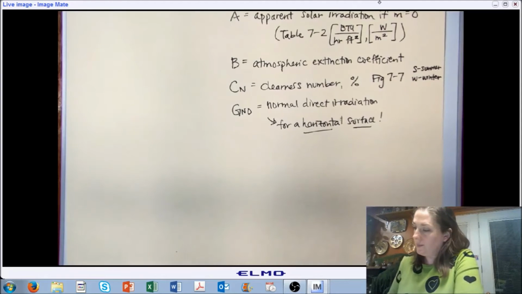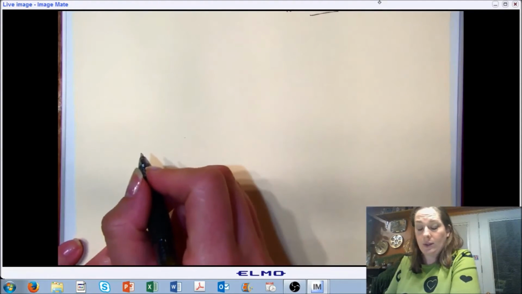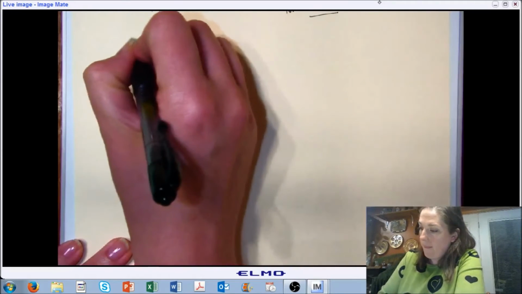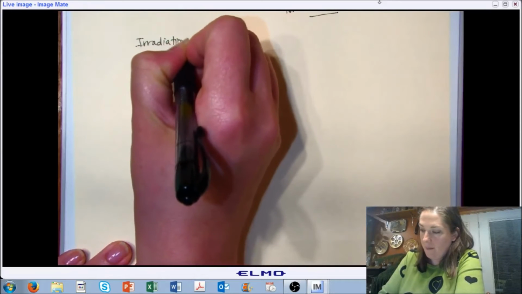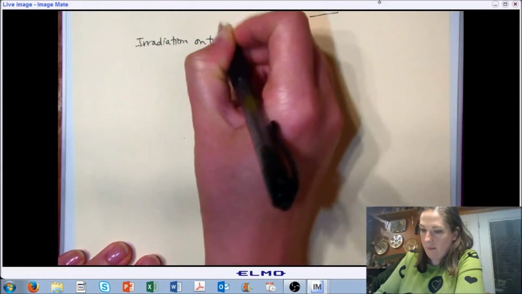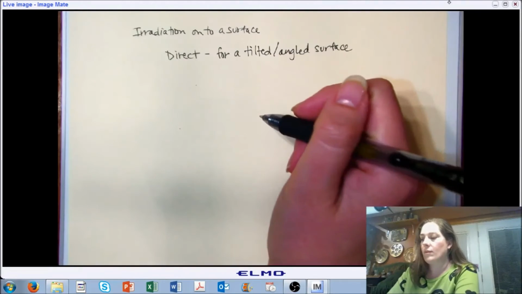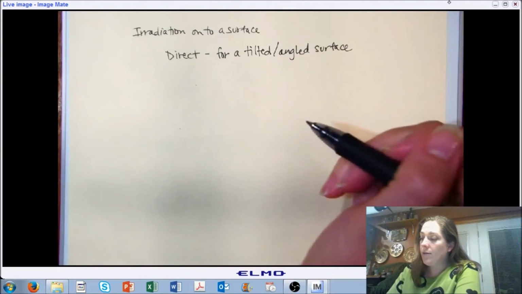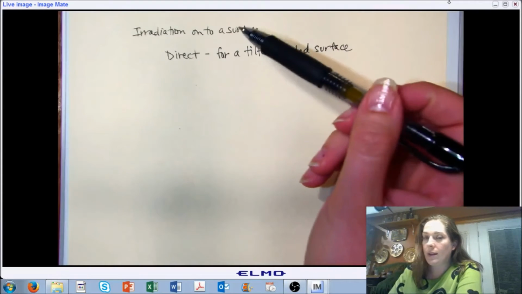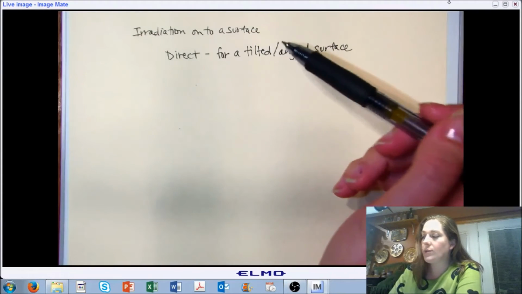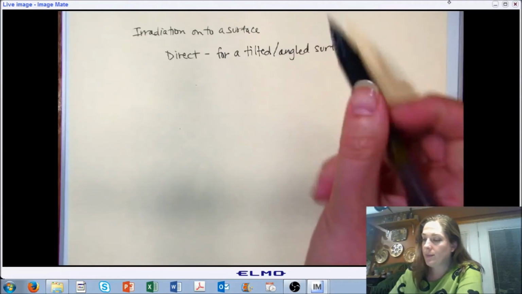So next question. What if our surface is tilted? Okay, so if our surface is tilted, then we need to take the normal direct irradiation calculation that we just did above, that value, and we need to do a correction.